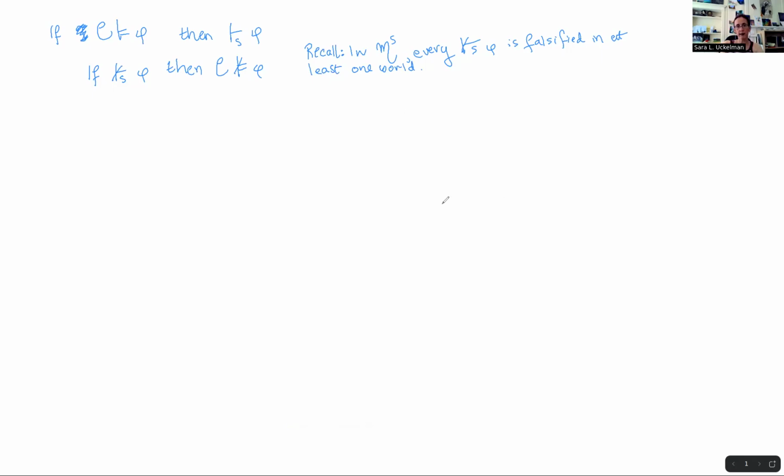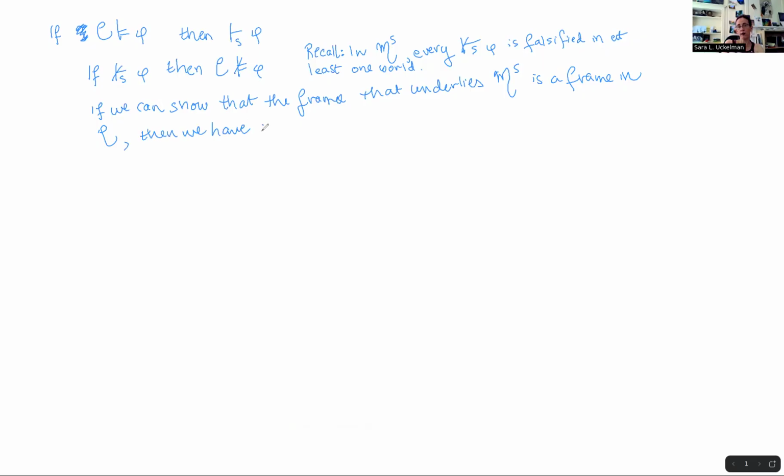The important part, though, is that if we can show that the frame that underlies that canonical model is a frame in that class C, then we have our desired result.